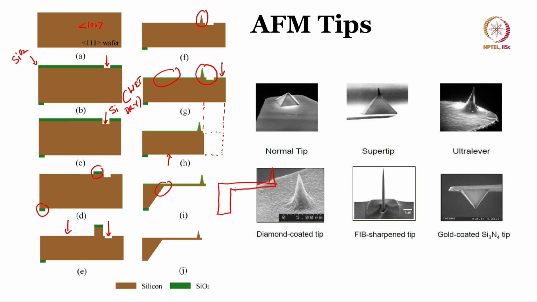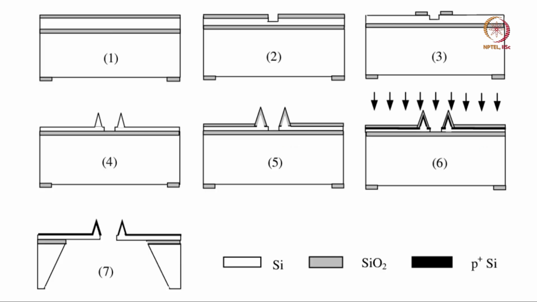So, the angle that you create here versus the angle that you create here, you can very easily see what kind of etching technique can be used. Finally, you can dip this cantilever in BHF so that the oxide will be etched and you can have your cantilever. These are normal tips, there are super tips, there are ultra lever, there are diamond coated tips, FIB sharpened tips, gold coated tips. Depending on the application, you can have different kinds of cantilever tips.